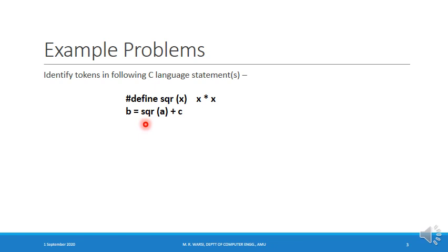So what we'll do is, before we identify tokens in this statement, we'll first expand the macro calls, and after that we'll identify the tokens. When we expand the macro, the statement becomes b is equal to a multiplied by a plus c.